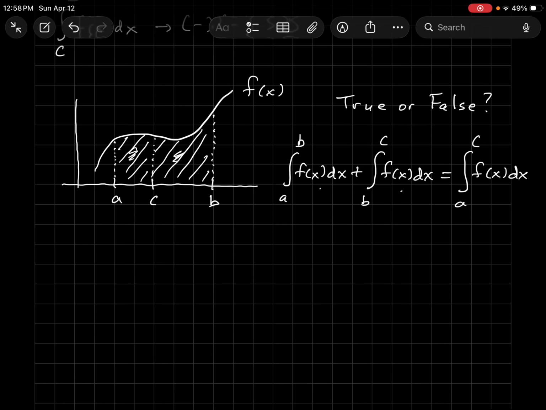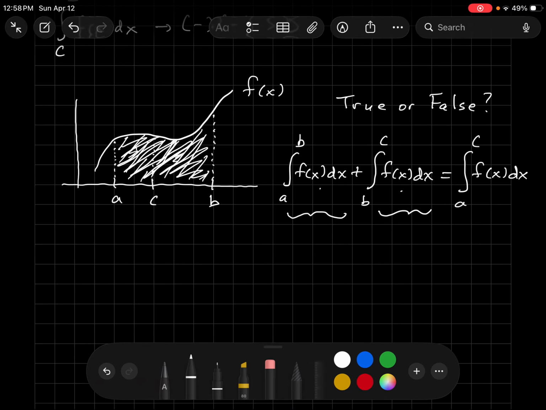Let's break it down. The integral from a to b is now everything. It's all of this area. The integral from b to c is an area, but it's going backwards, isn't it? So the value of this one would be the negative of it going forward. So it's almost as if I could subtract this area out.